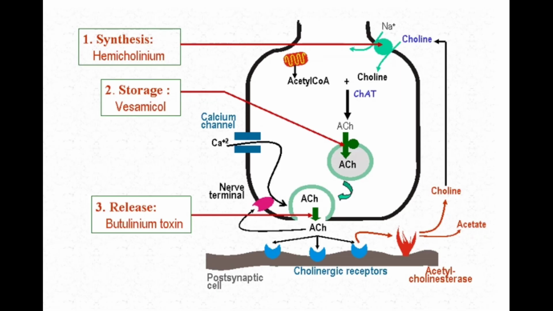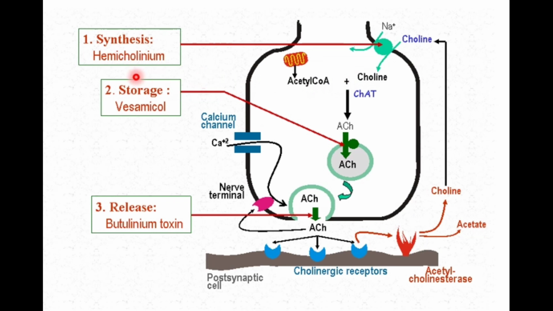This diagram shows events and sites of drug action at the cholinergic terminal. As was mentioned, synthesis of acetylcholine is dependent on choline taken up by neurons.